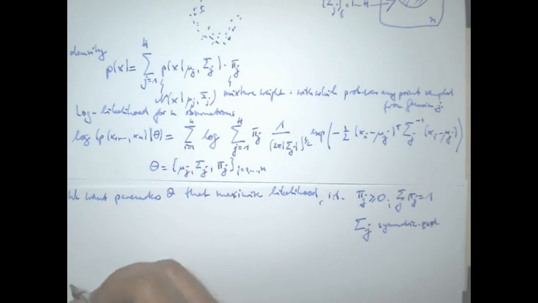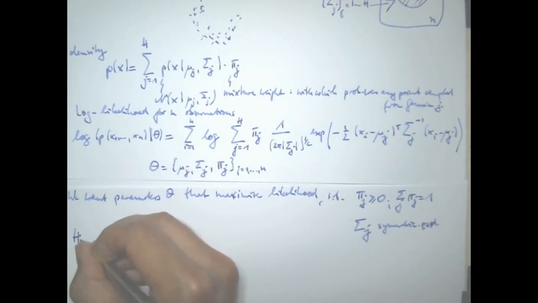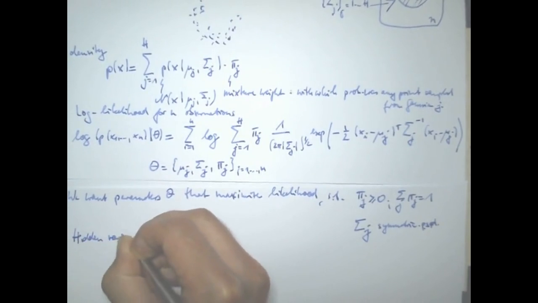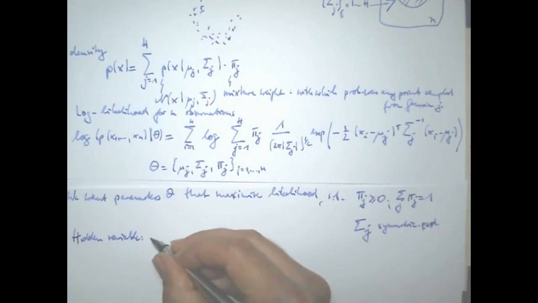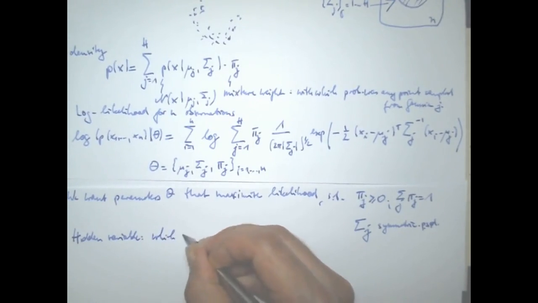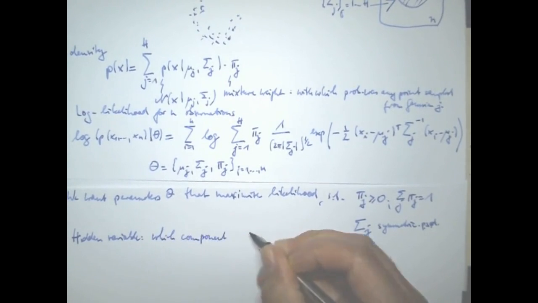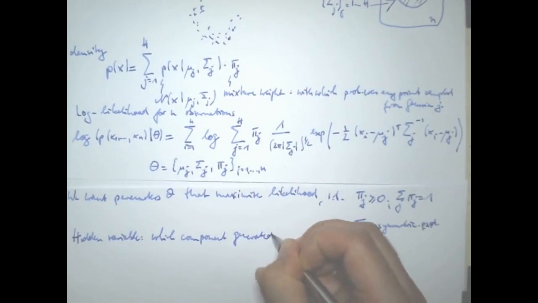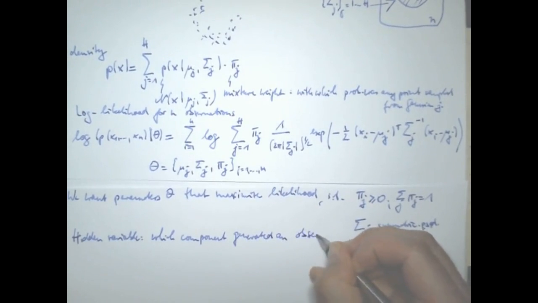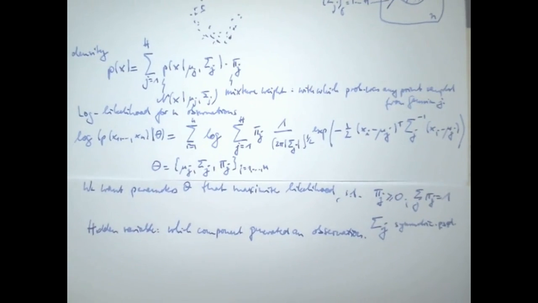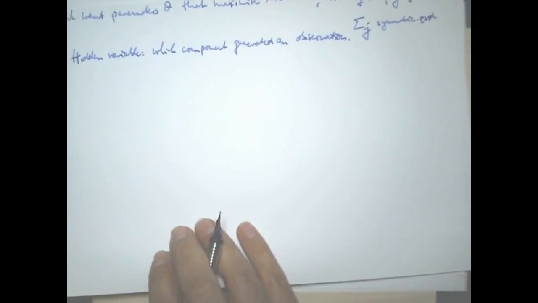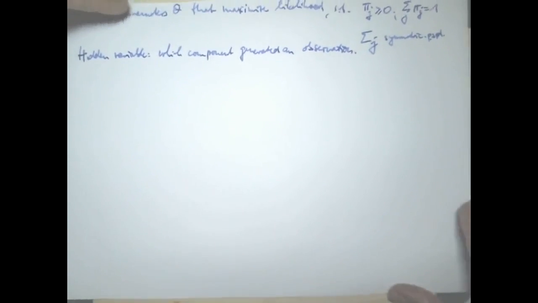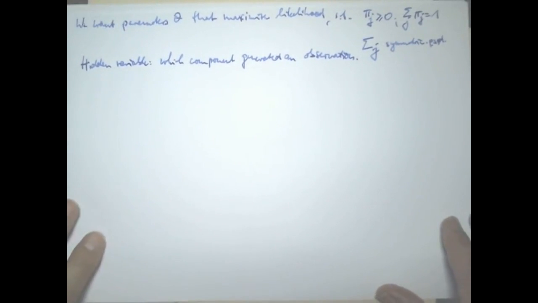So our hidden variable or the latent variable is which component generated an observation. And we now use the recipe we saw in the EM algorithm.